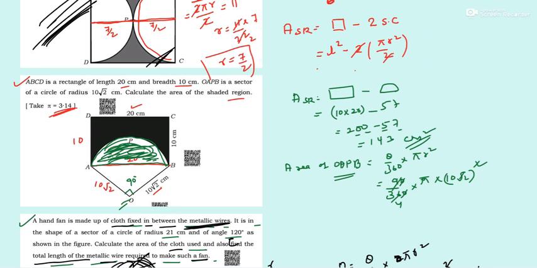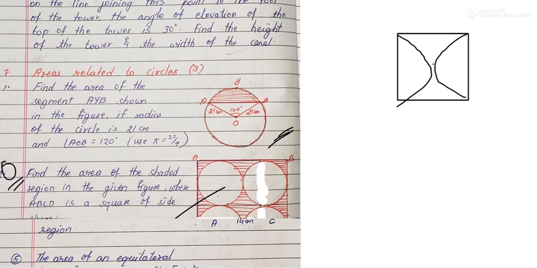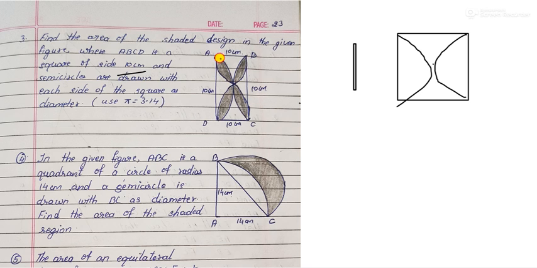So let me not waste time there. Where is it? Yes, it is similar to that only. But you have 4 semicircles. It's a little different, like this and like this it's coming. So what you have to do, see, area of shaded region. I will just tell you the method, you can follow it.